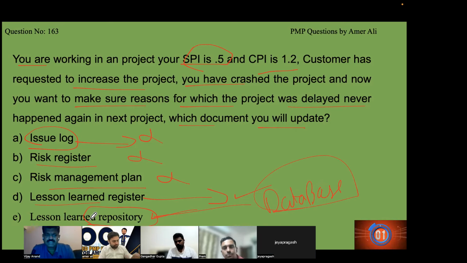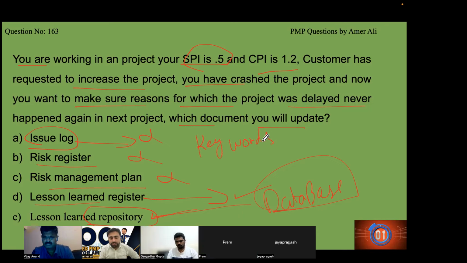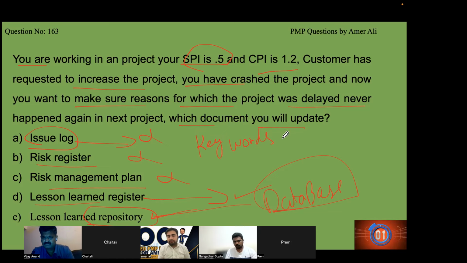Okay. Customer has requested to increase the project. Next step is I'm going to put in the change request. During the change request, one thing I am noticing is a pattern that you are having. You are focusing more on known keywords. My focus is very much on keywords. But even the questions can be like, there was a time when the PMP exam question was coming up to 8 lines.